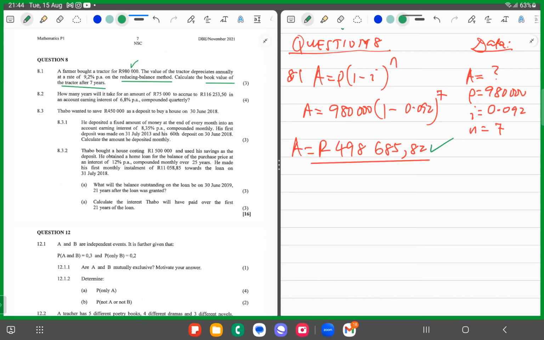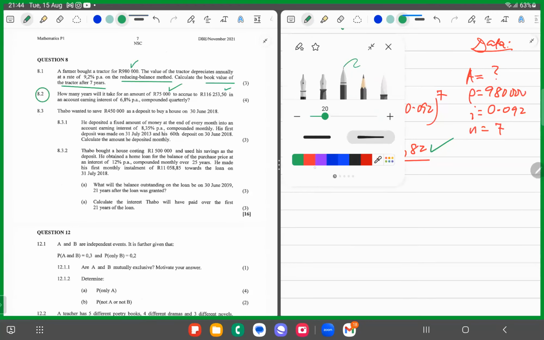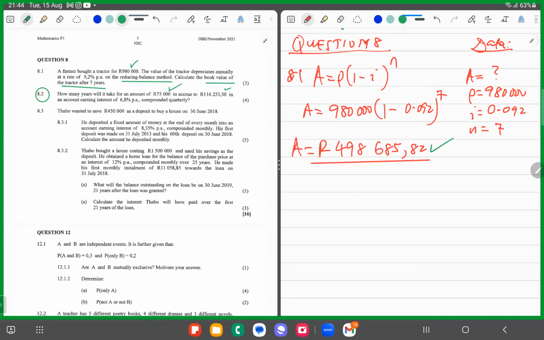So now if you look at 8.2, how many years would it take for an amount of 75,000 to accrue to 116,253.50 in an account earning interest of 6.8% per annum compounded quarterly? Let's look at this one. So look at 8.2.